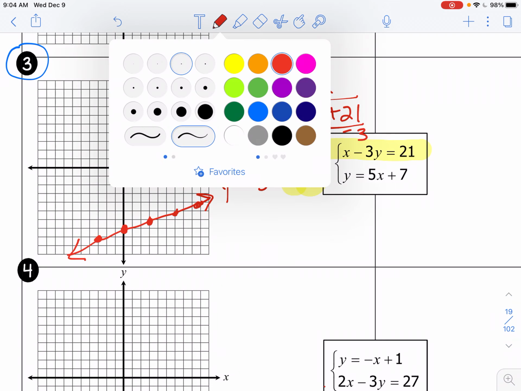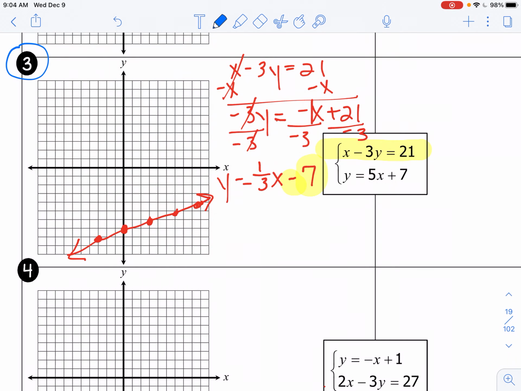Okay. I'm going to do the other one in blue, this equation right here. It's already in slope-intercept form. My y-intercept is positive 7. So I go up to 7. 1, 2, 3, 4, 5, 6, 7. And my slope is 5 over 1. So up 5, right 1, well, I'm going to run out of room on my graph, so I can't do that.